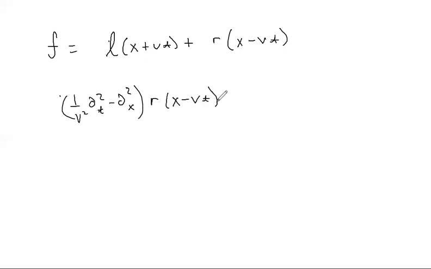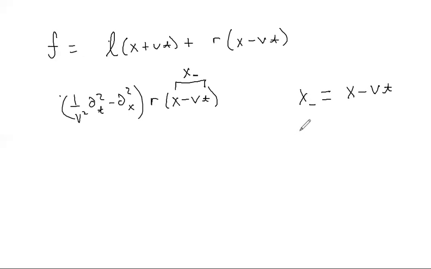The way we see that this works is that we're going to define a new variable, x minus, where x minus is defined to be x minus vt.